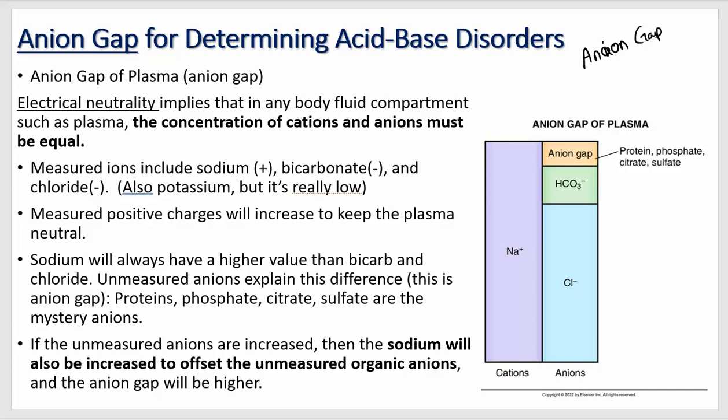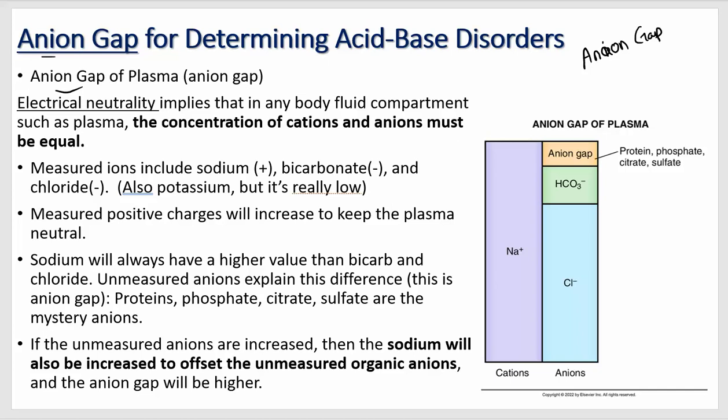The premise of this is that when you do a lab test, there are certain things that are always measured, and there are some things that aren't measured most of the time.